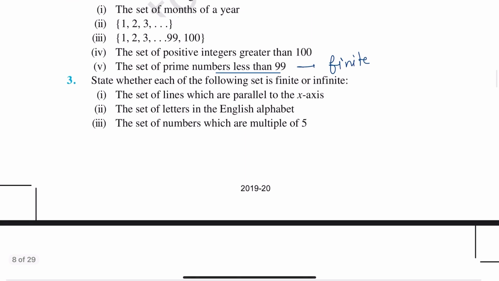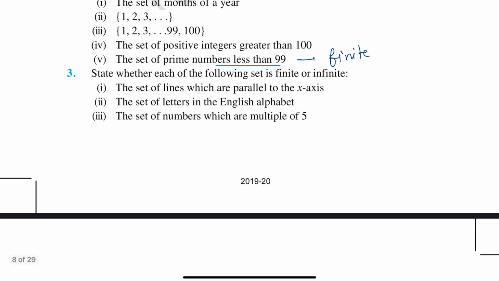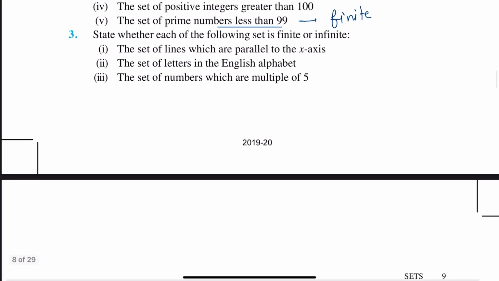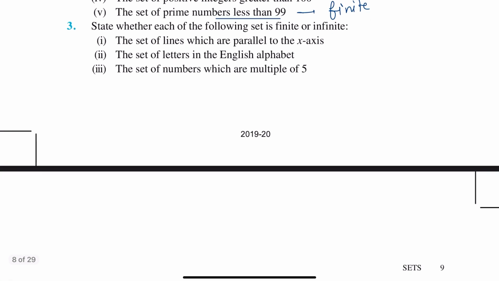After that, state whether each of the following sets is finite or infinite. So the first part, the set of lines which are parallel to the x-axis. This set is infinite actually. Why? This is our x-axis, this is the y-axis, and a line parallel to the x-axis passes through this.